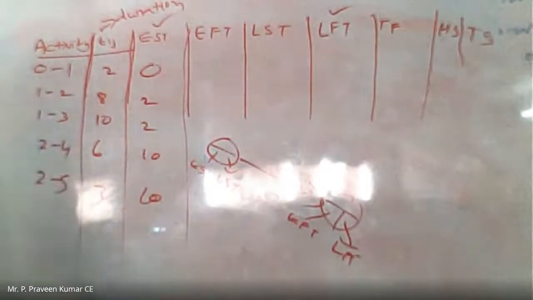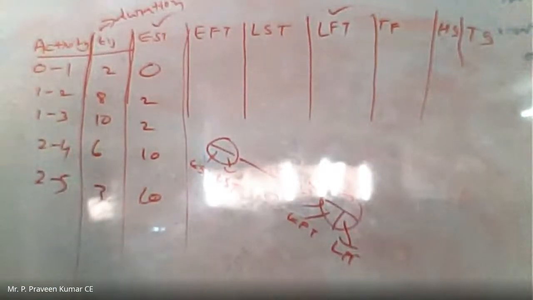Now coming to LFT. From 0 to 1, 2 is the LFT value. Please see the network diagram, whatever I am saying, don't get confused. From 1 to 2, 16 is the LFT value.